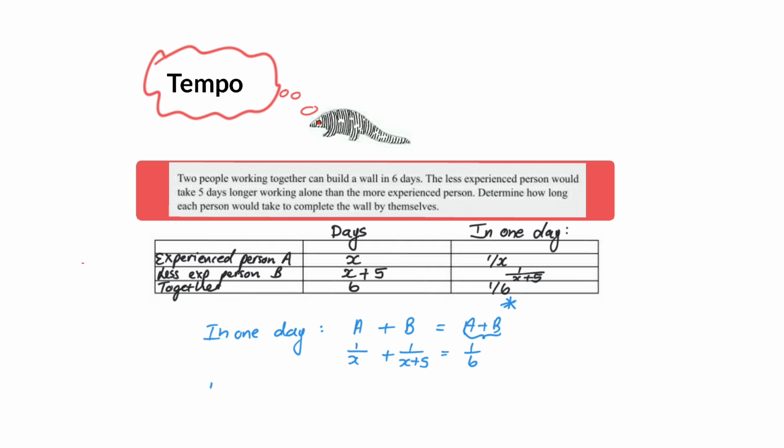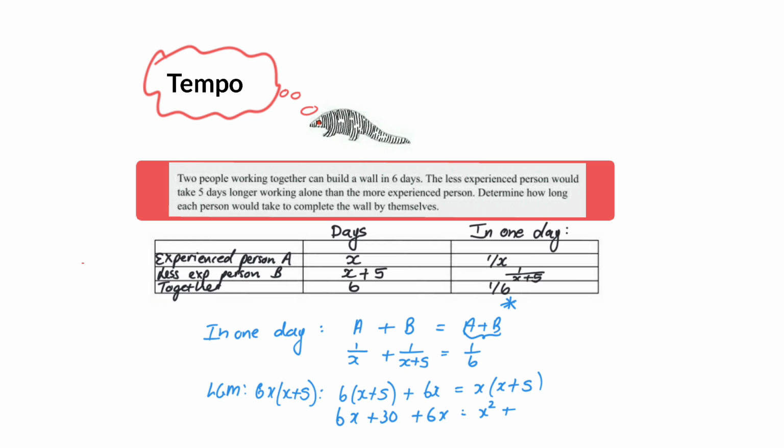Now you just get your LCM, which is 6x(x plus 5). Multiply each term with the LCM, so this becomes 6(x plus 5) plus 6x equals x(x plus 5). And now we just solve the equation. This is the easy part.